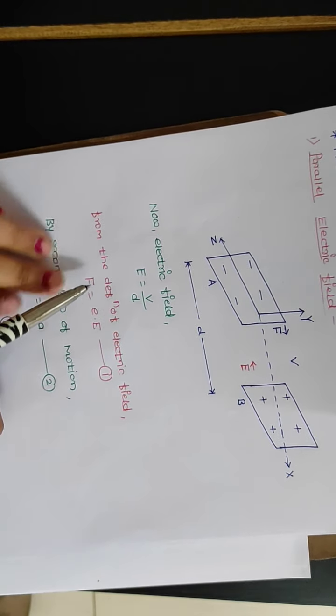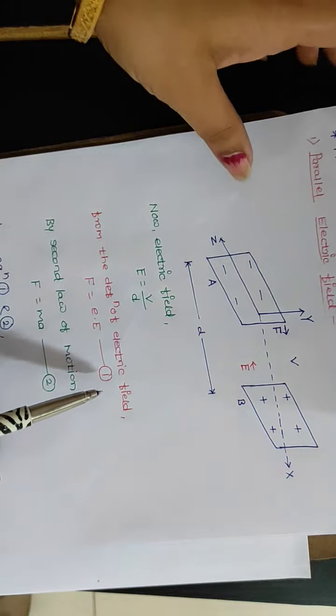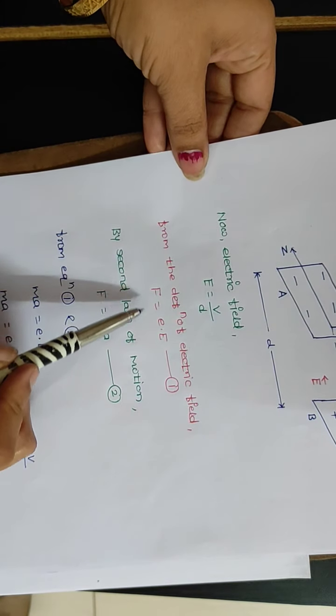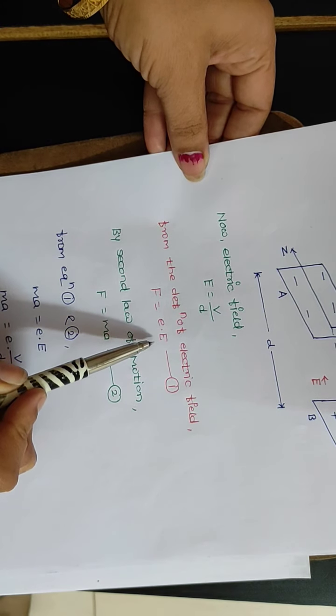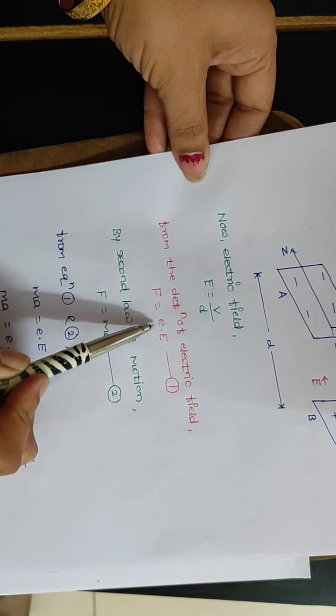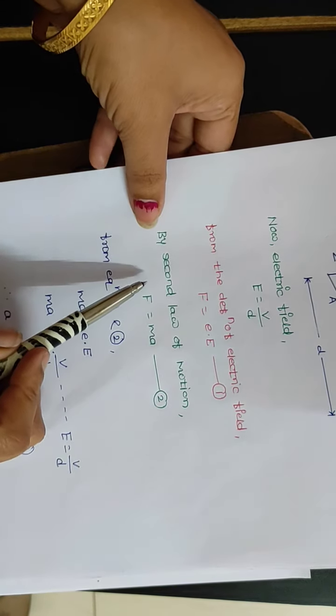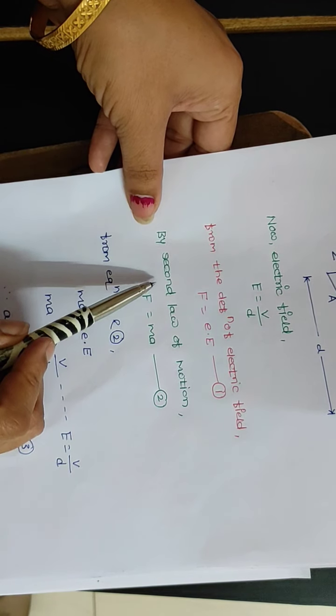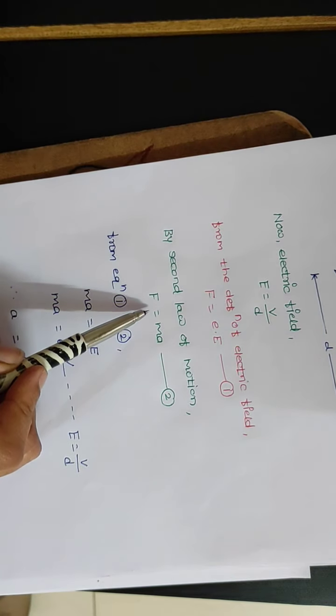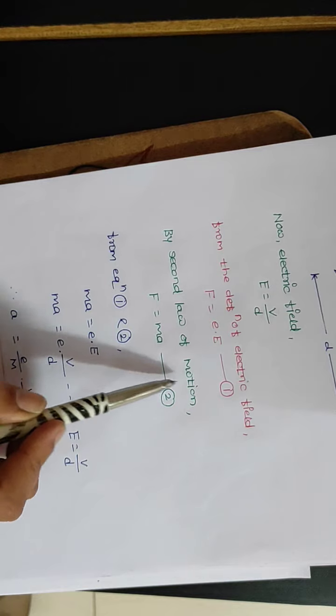Now from the definition of the electric field, we can write F is equal to e into capital E, where the small e be the charge of the electron. Okay. Now after that, according to Newton's second law of motion, we can write F is equal to ma.